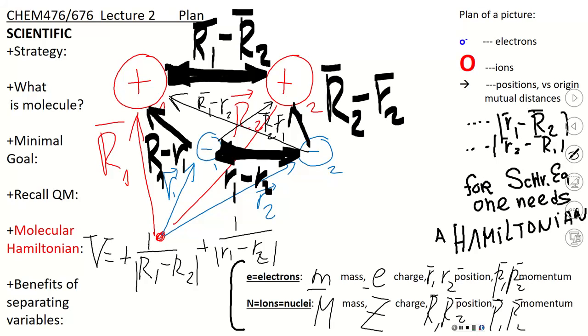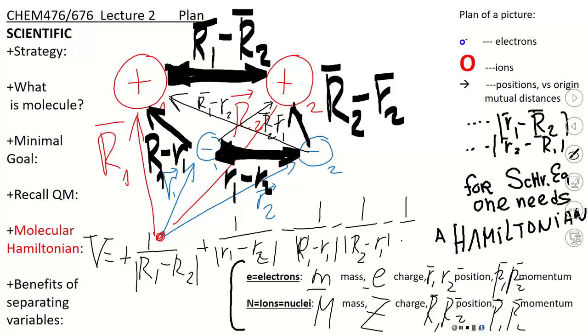2, repulsive. And then minus 1 over |R1 minus r1|. So it's the attraction of the electron to its own personal nucleus. Minus the attraction of the same electron r1 to a foreign ion, right?